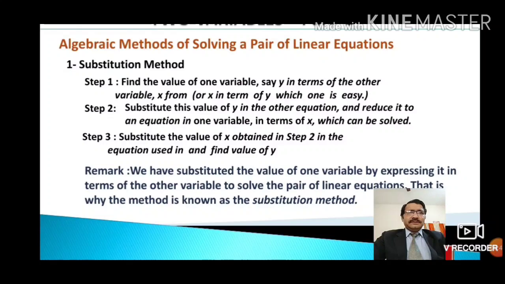Then substitute this value of y in the other equation and reduce it to an equation in one variable in terms of x, which can be solved, and we find the value of x. Then substitute the value of x obtained in step 2 in the equation used in step 1 and find the value of y. So in this way we can find the value of x and y.